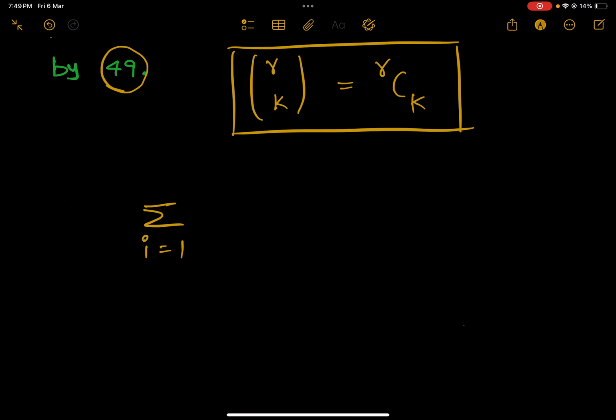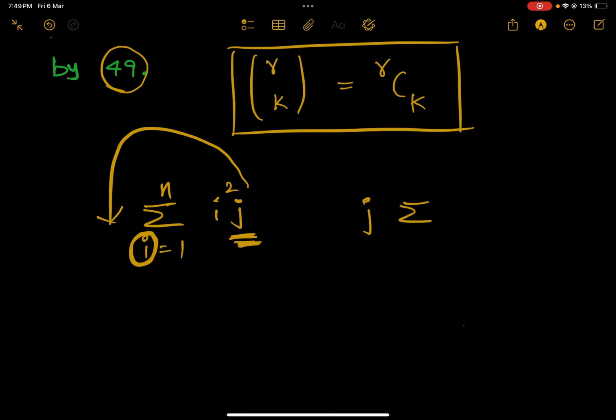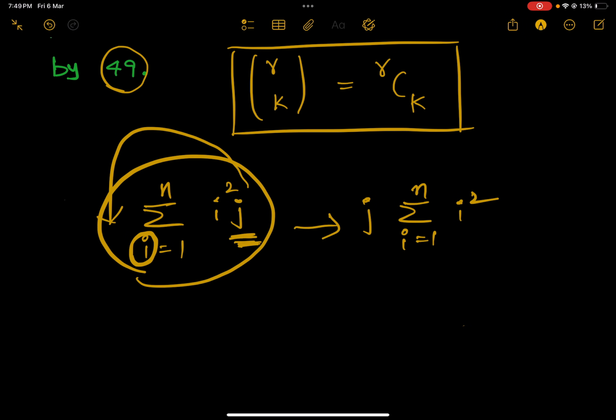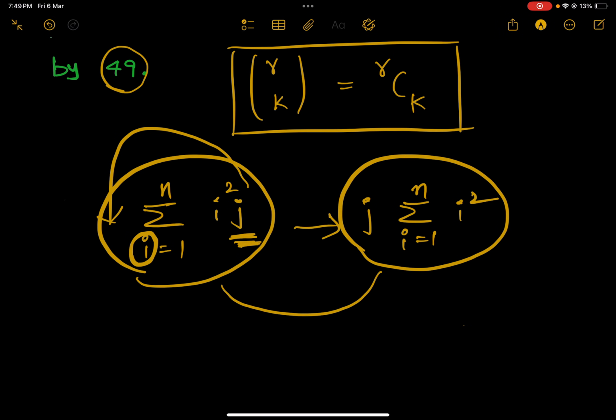Let us say sigma i equals 1 to n of i square times j is given to you. Since the summation is with respect to i and j is independent of i, you can bring out j. j acts as a constant. So this can be written as j times sigma i equals 1 to n of i square. If you are given this, you can do this, and if you are given this, you can do this as well.